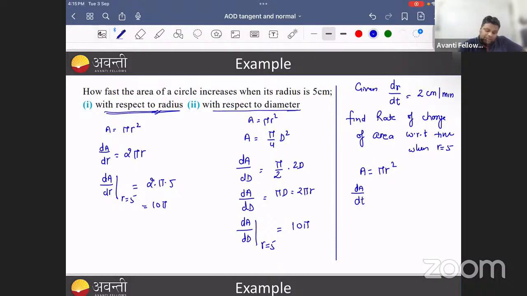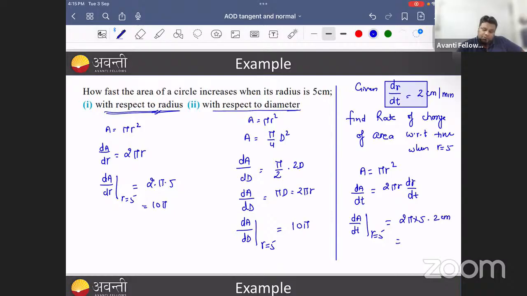So dA by dt is what? 2 pi r dr by dt. Got it? So dA by dt when radius is 5 is 2 pi into 5, and dr by dt is given to you as 2 centimeter per minute.